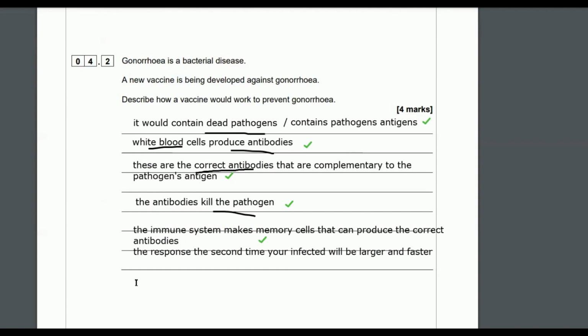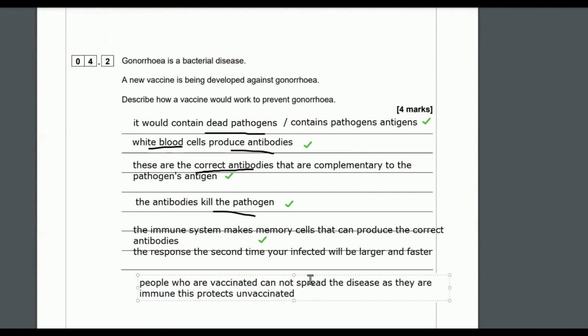We need to say people who are vaccinated cannot spread the disease as they are immune. This protects the unvaccinated. So you're actually protecting the unvaccinated. Now, you might be like, oh my gosh, that is a long sentence.